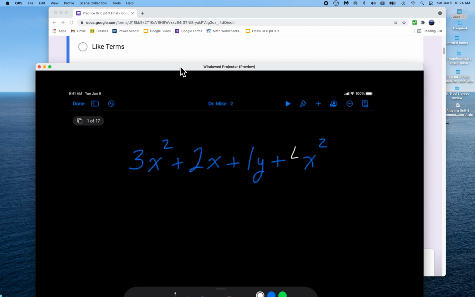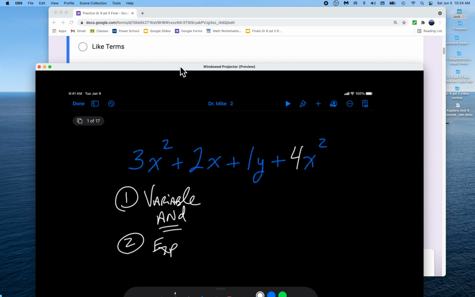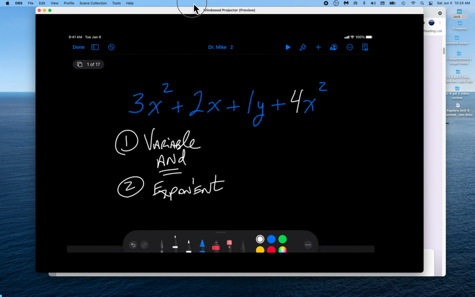Okay, let me write that down. The variable has to be the same, and 2, the exponent has to be the same. In order to have like terms, both these criteria must be met. Not one, not the other, both.